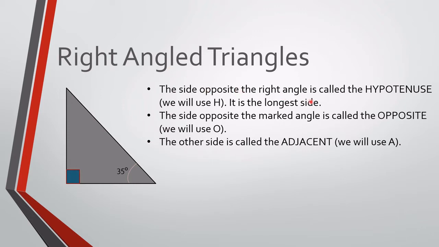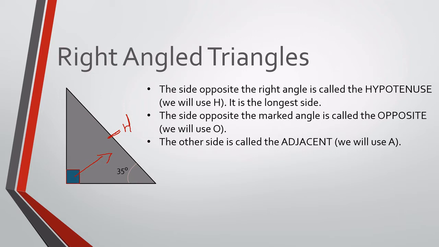The side opposite the right angle is called the hypotenuse. We'll use h. Which side is it talking about? This side. So this is h. Why? Because it is the side opposite the right angle. This is the right angle. This is the opposite side. Next, the side opposite the marked angle is called the opposite.